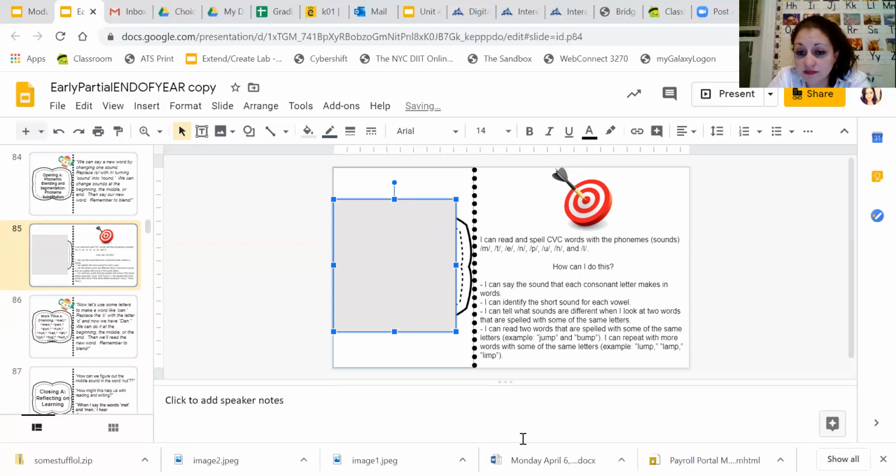Okay, here we go. The first word is met. Met. So write that down. Et. Okay, and now we're going to change the t sound. So circle the t sound on your paper.